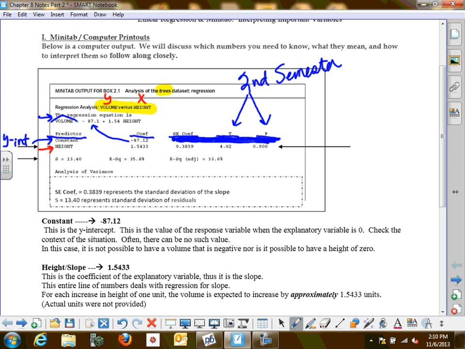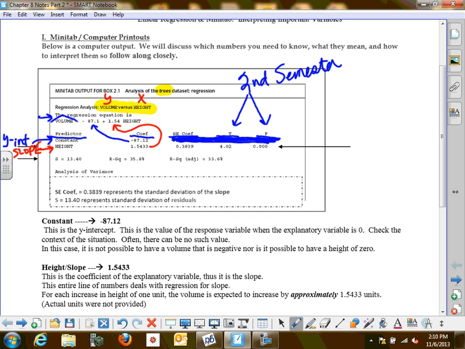If the first row about the constant is the y-intercept, then this second row with the height is about the slope. So everything in this line is about the slope, and we will use all of these numbers. They're all very important. Slope is very interesting to us because it tells about the relationship between the items. So look here, 1.5433 is the slope in that regression equation. That is where that number comes from. Those are the same.